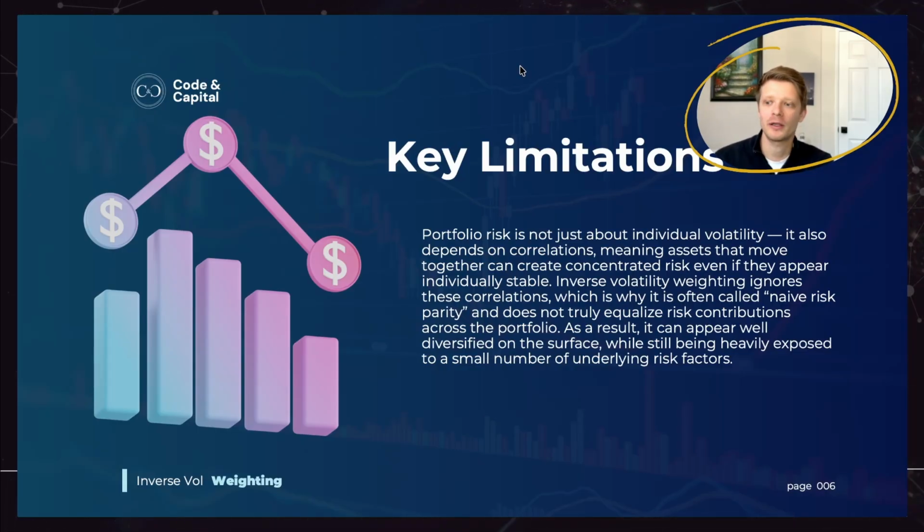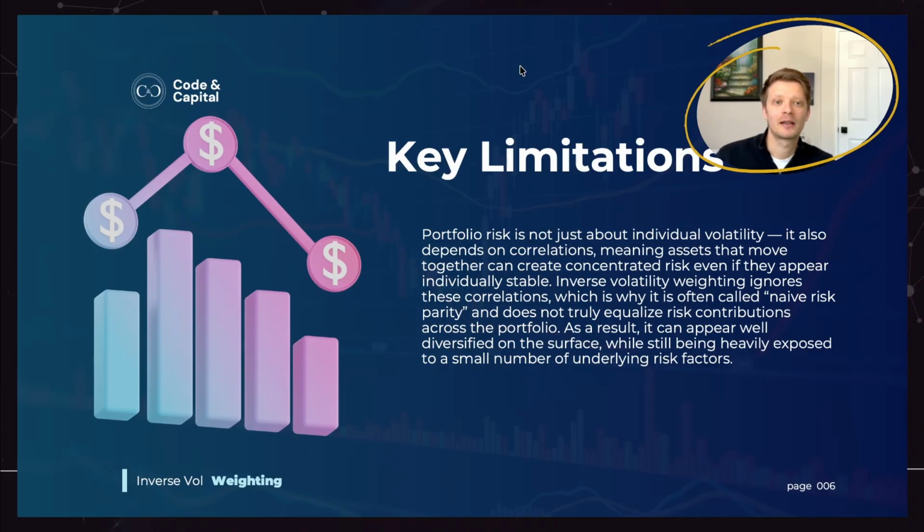This leads to one important consequence. Even if individual positions look balanced in terms of volatility, the portfolio can still be highly concentrated in correlated exposures. For example, if we have a lot of different bond indices and only one equity index, we could all of a sudden be 95% in a bond portfolio, which we probably don't want to be, or which we wouldn't call a diversified portfolio in the end.